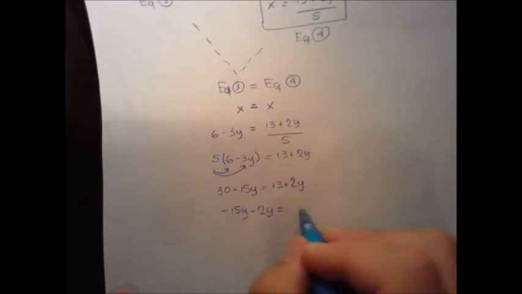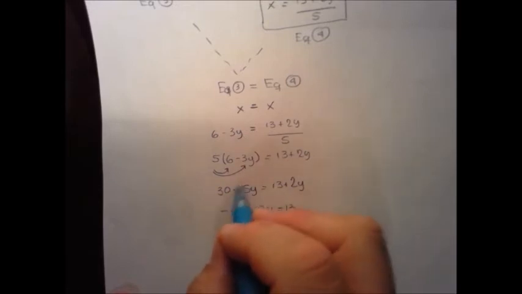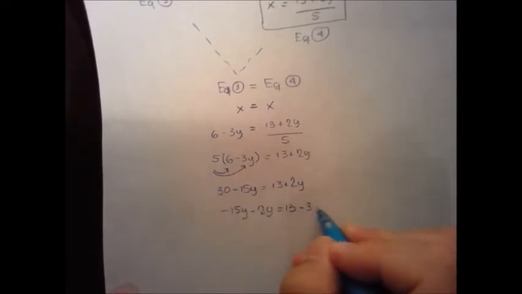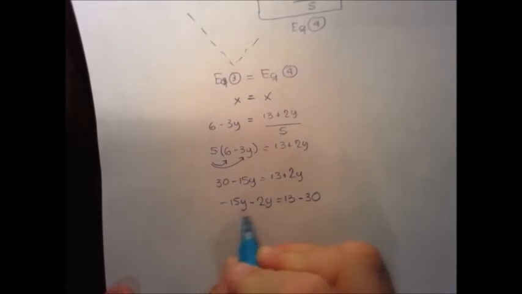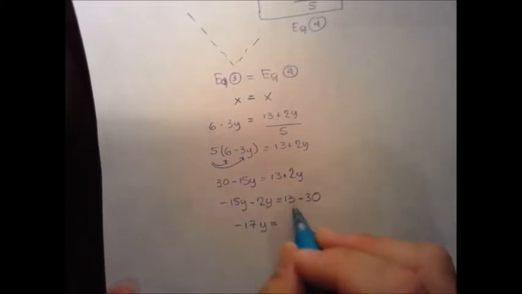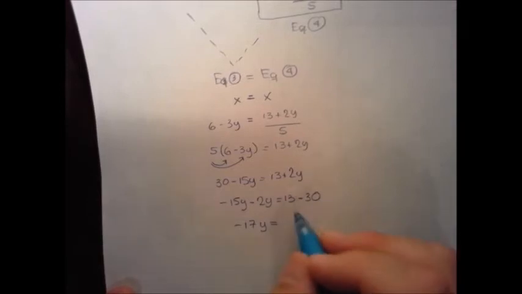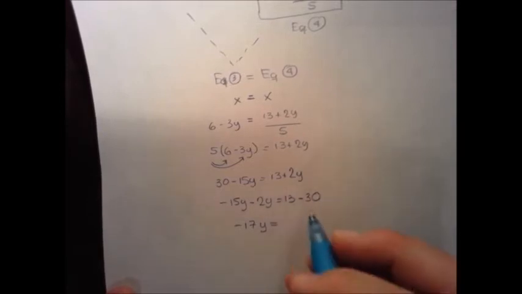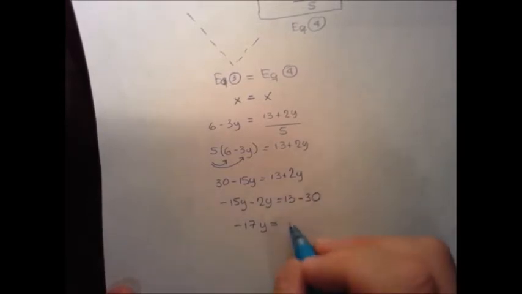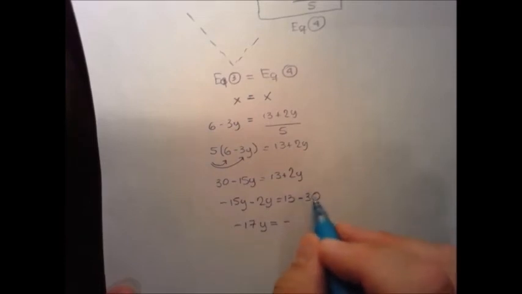For the right side, I'm going to stay with 13, but I'm going to pass this 30 positive as 30 negative, and then the addition of these two now negative numbers is going to be minus 17y. And 13 minus 30, sorry, it's a subtraction, and this is going to be minus, because this is the highest number and is negative, minus 17.